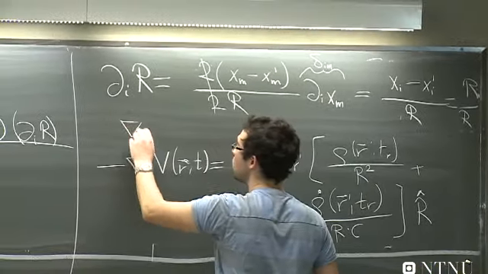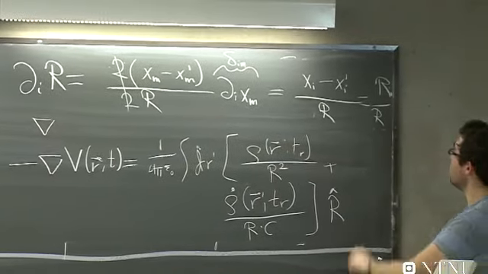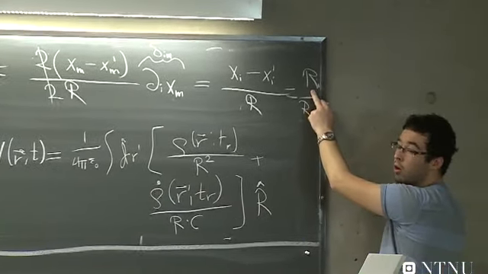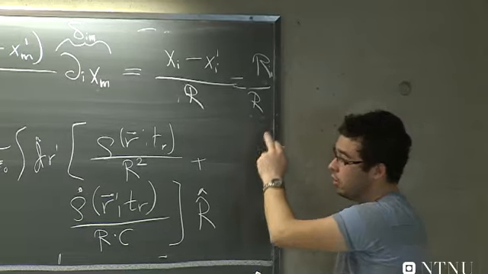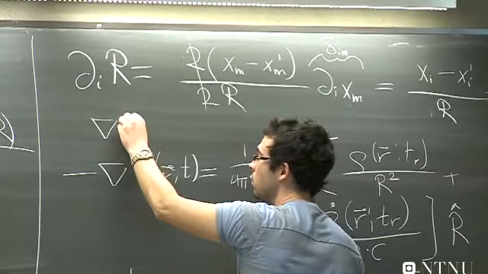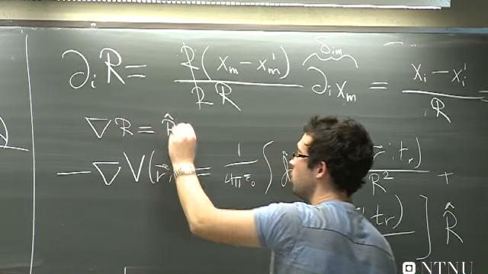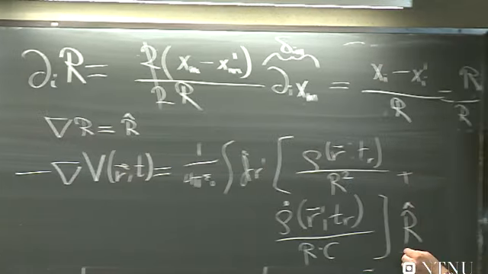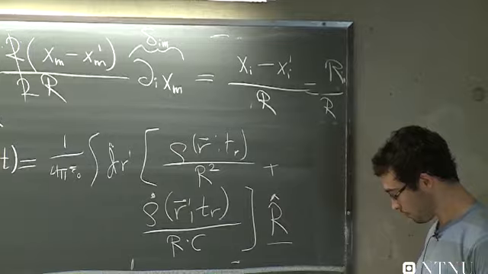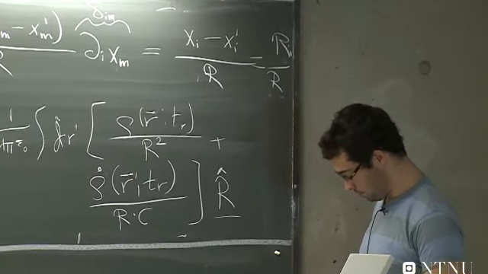So if each component looks like the component of r over r, well then that simply means that the gradient of r is r hat. So that's this common factor here.